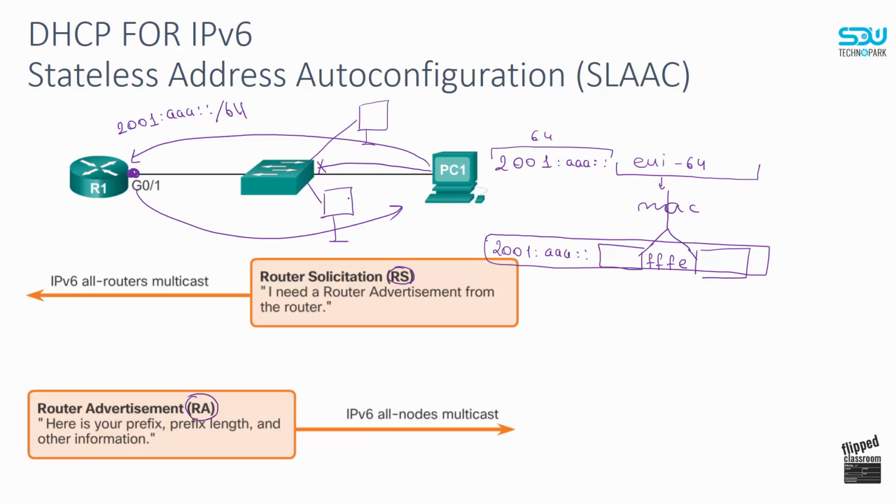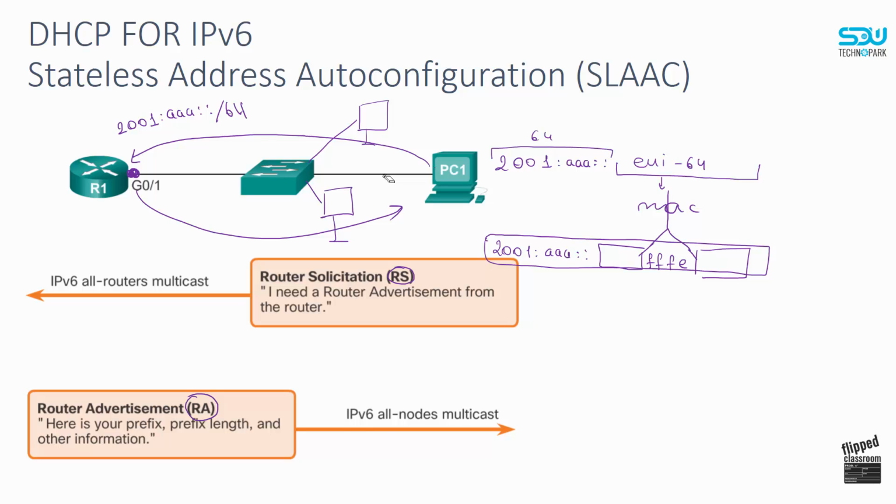But in case our unicast communication is successful, then a reply will come to PC1, and PC1 will determine that, alright, this IP address I cannot use, let me change it. But there is very low probability that this IP address will be used.